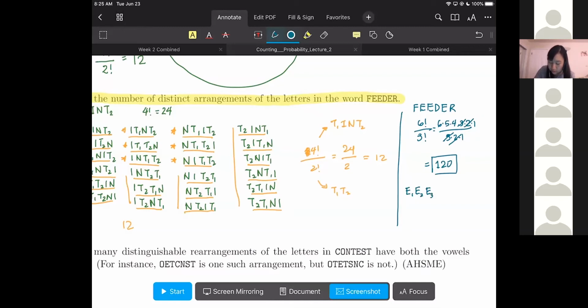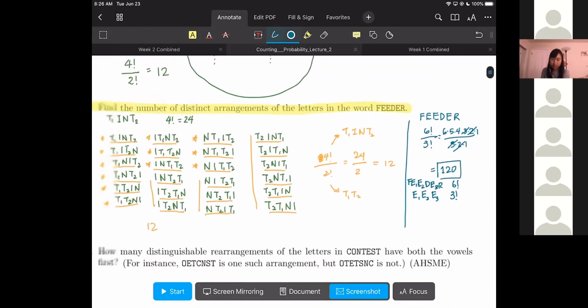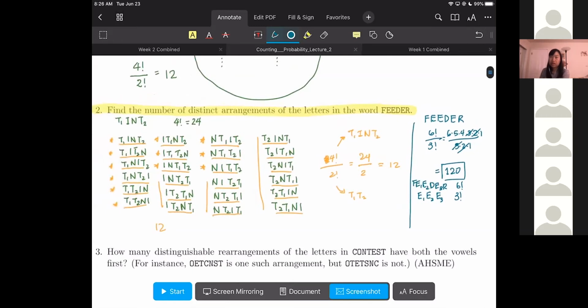There's 3 factorial ways, which is 6 ways to arrange that. And then we look at how many ways there are to arrange F, E1, E2, D, E3, R. There's 6 factorial ways to arrange that. So when we divide, we get 120. Any other questions on this?